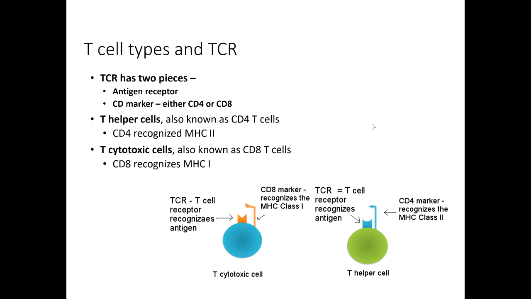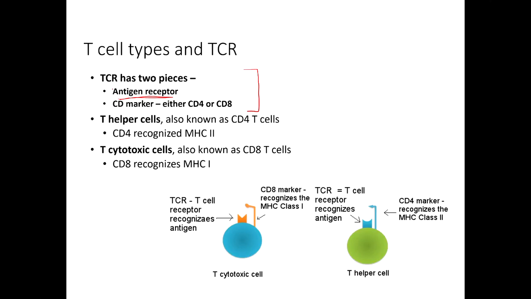So, looking at the T cells, a couple things that you need to understand is, again, we have the two different types of T cells, but on each T cell, there's a piece known as the T receptor, or the TCR. That TCR has two components. One is the antigen receptor. That's going to be the piece that recognizes the epitope of the antigen.